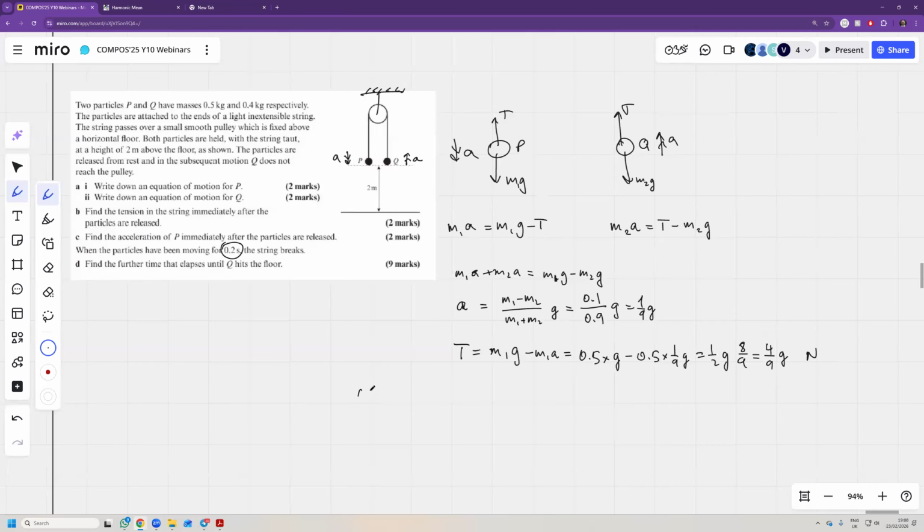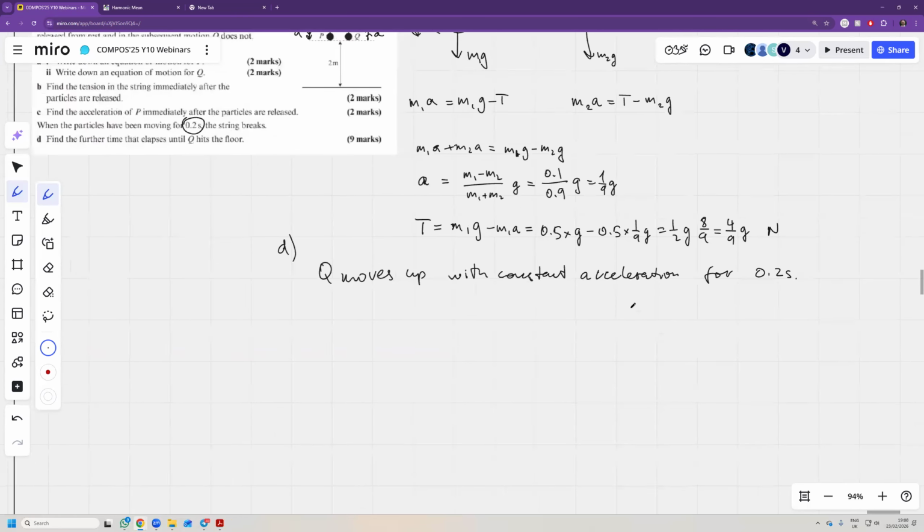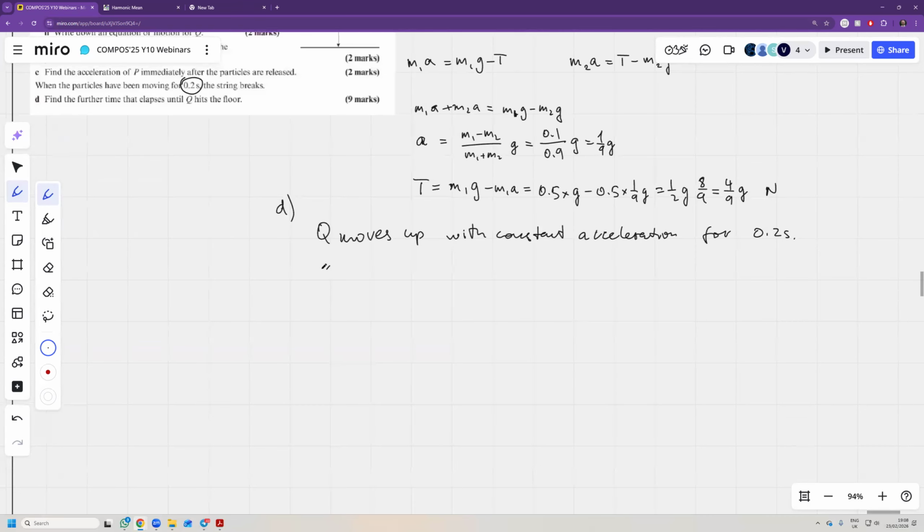So part B, Q moves up with constant acceleration for 0.2 seconds. So it's a SUVAT. Exciting. S is question mark, we need to know how far it goes up. U is 0. V is question mark. Acceleration is 4/9 of g.